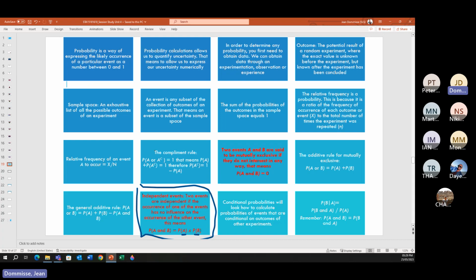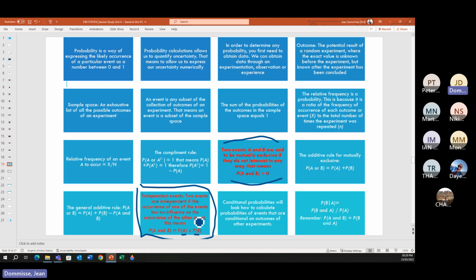Again, important because they can in a question say to you, you've got two events that are independent, calculate the probability of A or B, and then just give you the probability of the two events. So then you need to know, because they said it's independent, how to work out the AND.